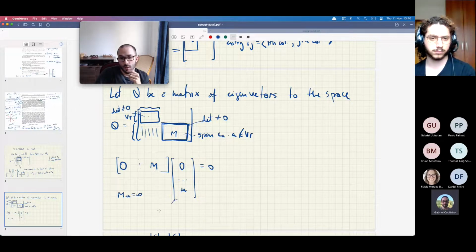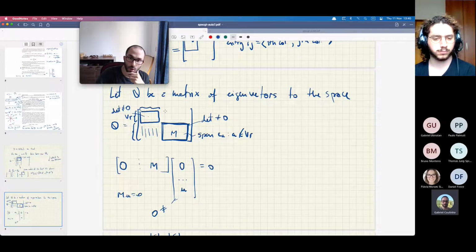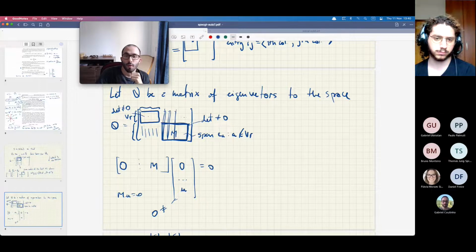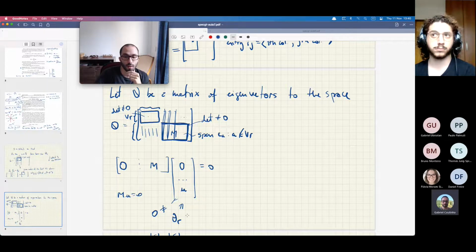Well, if this vector is non-zero, it means that this vector is going to be orthogonal to all of these columns. So it must belong to the theta r eigenspace because it's orthogonal to all eigenvectors of the graph which are not in the theta r eigenspace.